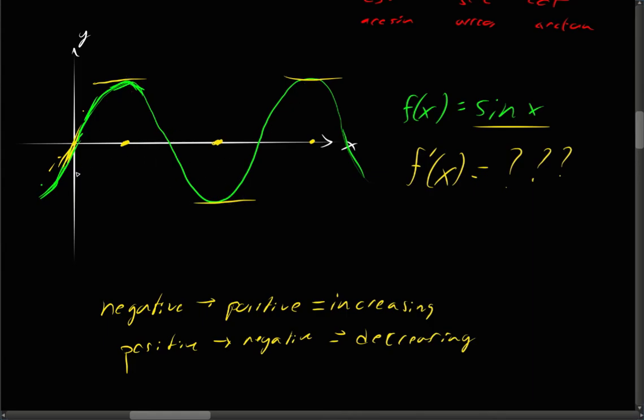So we can see that there's a point right here where it switches from an increasing slope to a decreasing slope, and we can plot that. We know this is the point where it switches from increasing to decreasing. And you can see the same instance happening here.